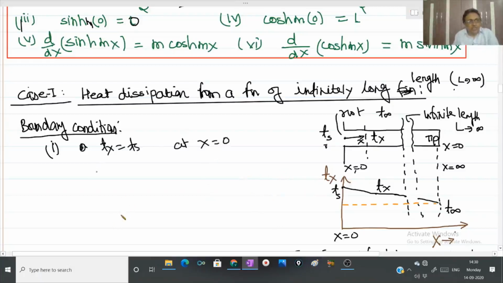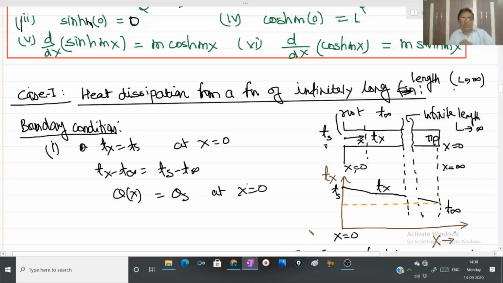In terms of excess temperature, I can write this as theta x is equal to theta s at x equal to 0.